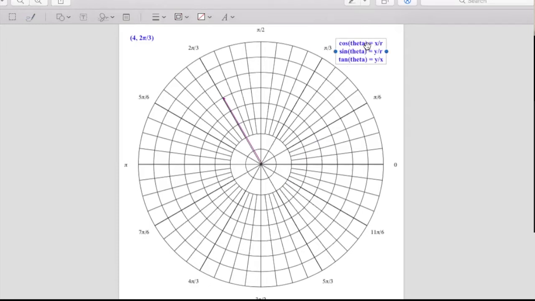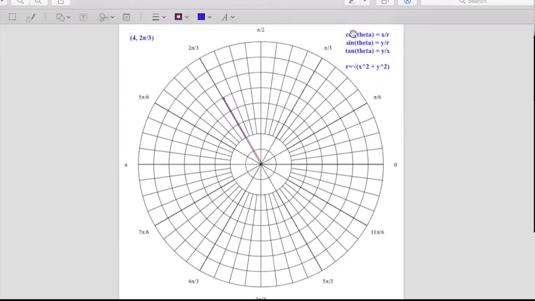The other thing to remember is that r is equal to the square root of x squared plus y squared. Those are the things from trigonometry from last semester that you should remember.